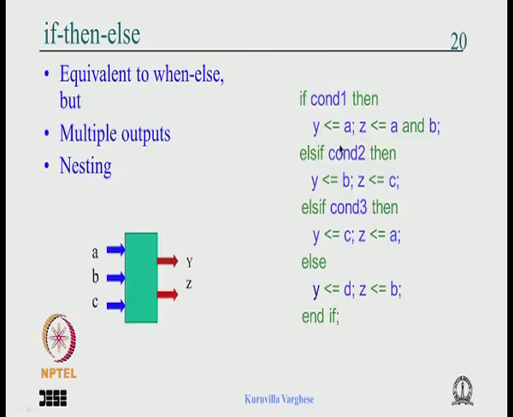Suppose y, z and maybe u are specified everywhere, and you copy paste, which is the usual scenario nowadays, and by mistake you forgot to mention z here. That essentially means z is z as far as condition 3 is concerned. So when it comes to this choice, condition 3, not of condition 2 and not of condition 1, z will be fed back to itself and you get a latch.